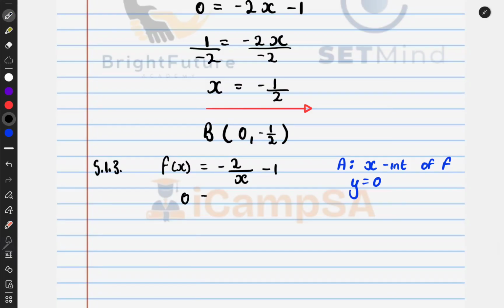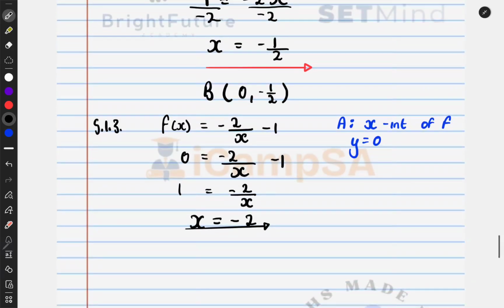So we're gonna have 0 is equal to -2 over x minus 1. We put 1 on the other side. We're gonna have +1 is equal to -2 over x. Then let's solve for x. Therefore x is equal to -2 by using cross multiplication.